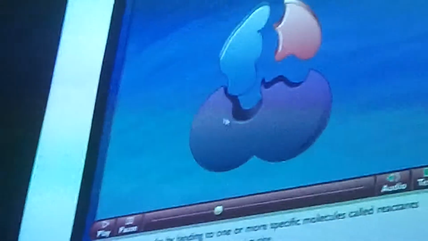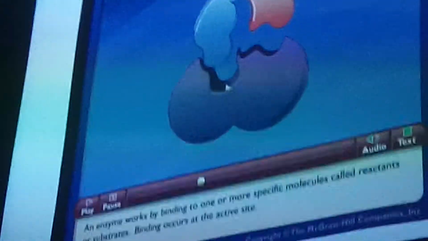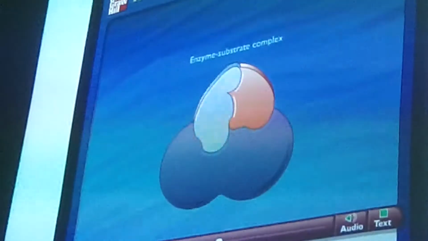Okay, so these are called substrates. This is the enzyme. And this area here is the active site. Just see if you're paying attention there. Now, notice the active site kind of changes shape a little bit. Watch it change shape. See it change shape a little bit?